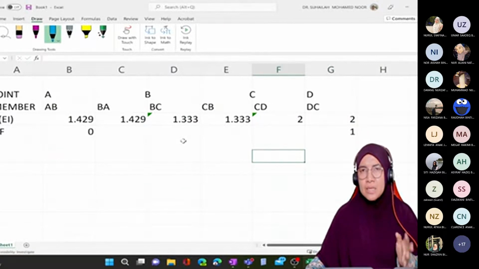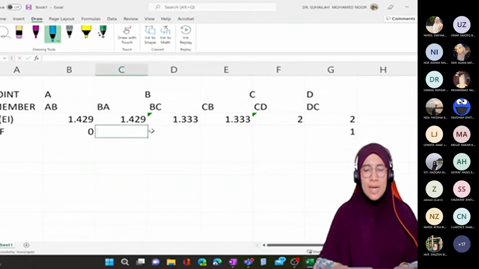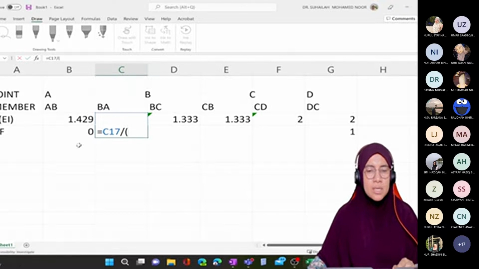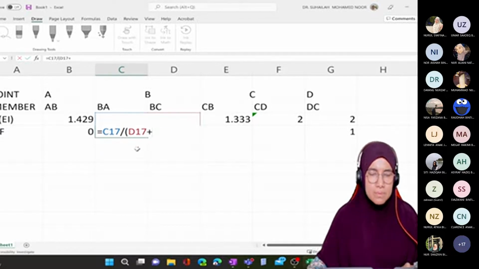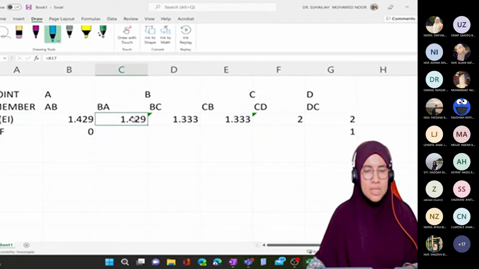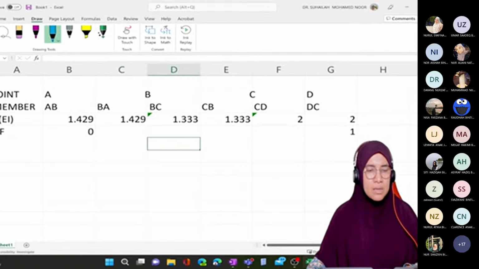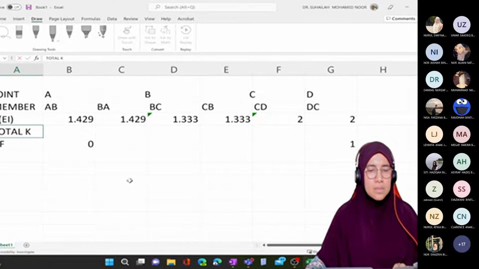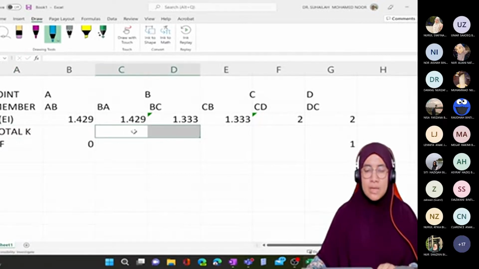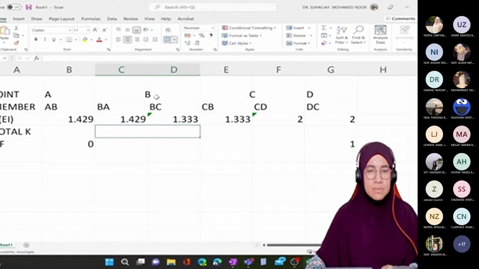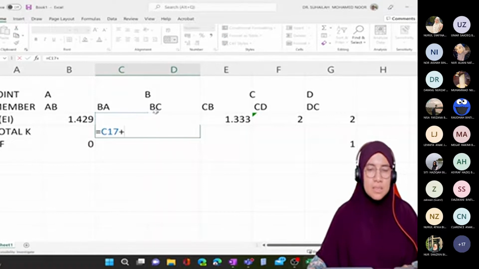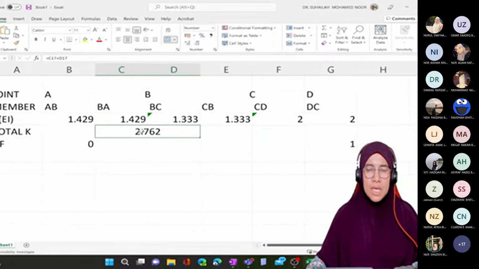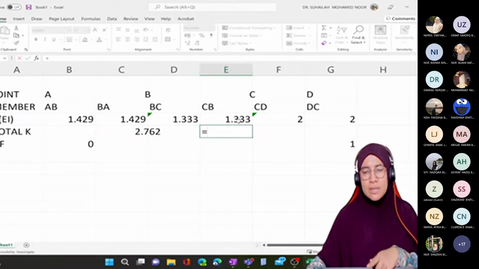So for the others, calculate by dividing by total K. Total K means K at joint, which is this one plus this one. Total K at C is 1.333 plus 2.